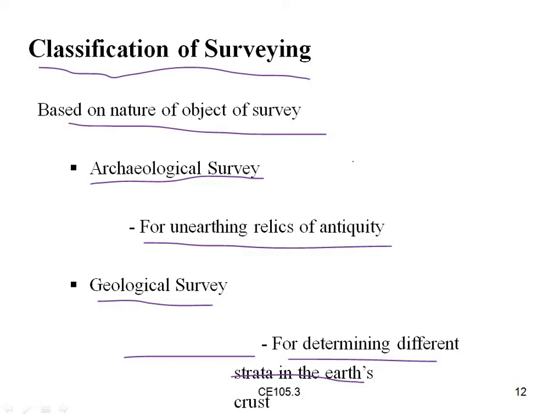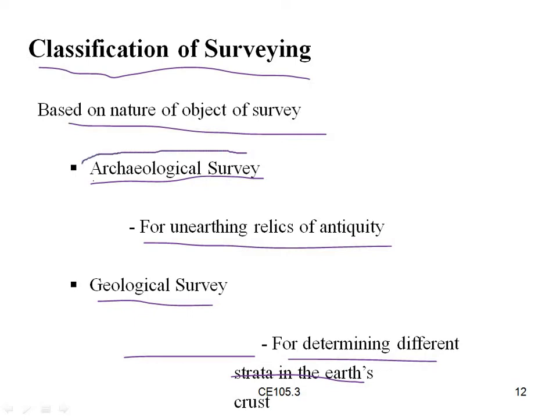So there the surveying also will be done under the surface. In the archaeological survey also we can see. In the archaeological survey we find out the monuments of olden age BCs, historical forts which are available under the ground surfaces, any gold items, any gold coins which are available.